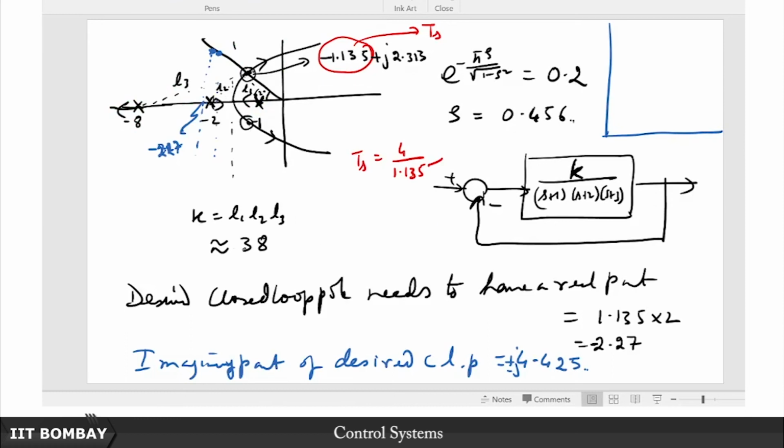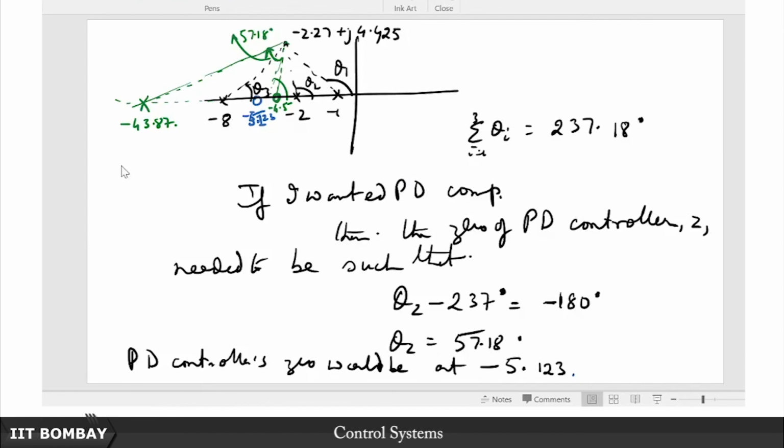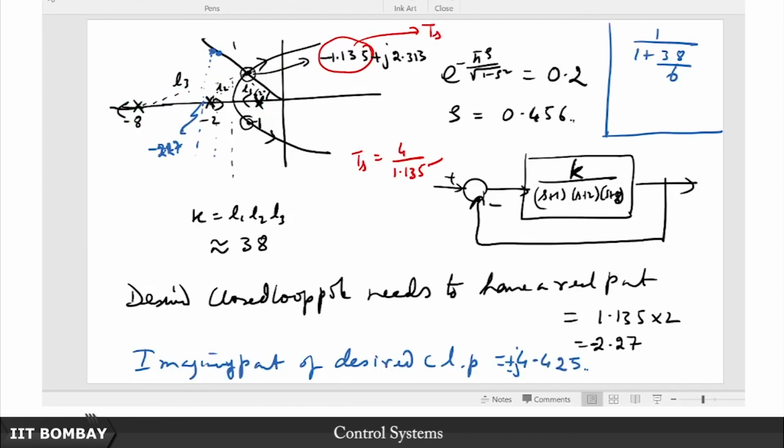Once I have evaluated this K as 38, then this is nothing but 1 by 1 plus 38 upon, this was S plus 1, S plus 2, S plus 8, so this was going to be 8 times 16.